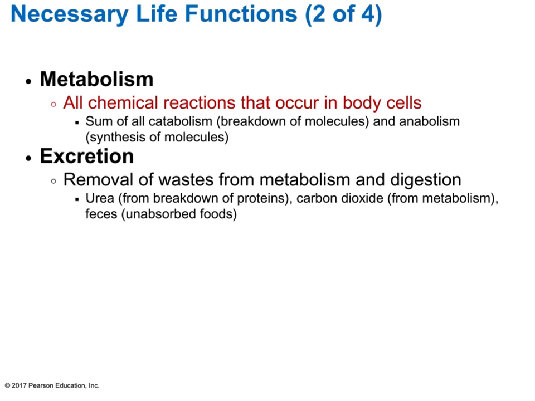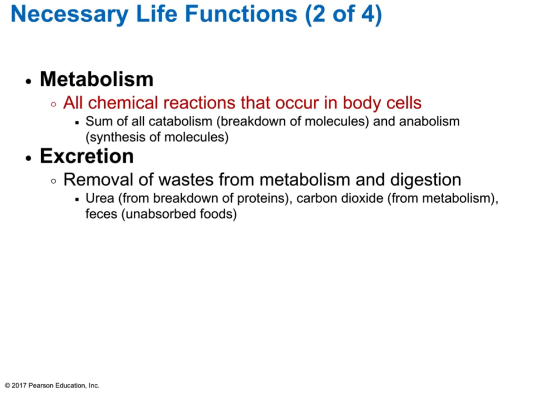So catabolism and anabolism make up the chemical reactions that we call metabolism inside our body cells. A very simple definition for metabolism is the sum of all the chemical reactions that occur in the body. So it's both building and breaking down.